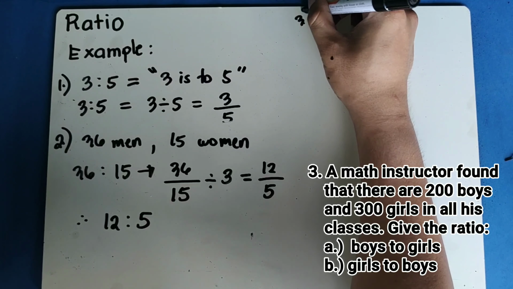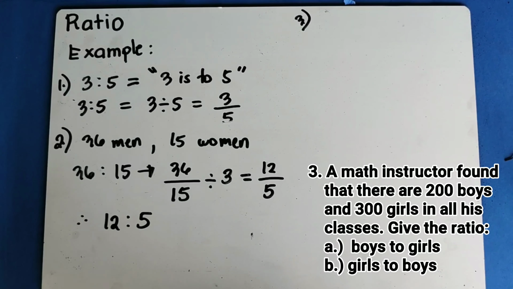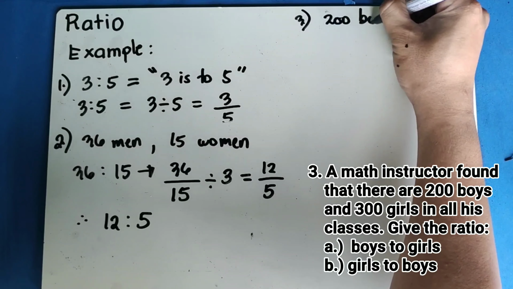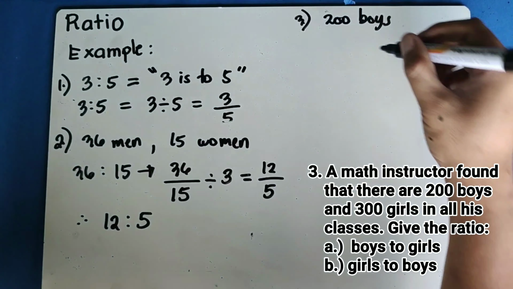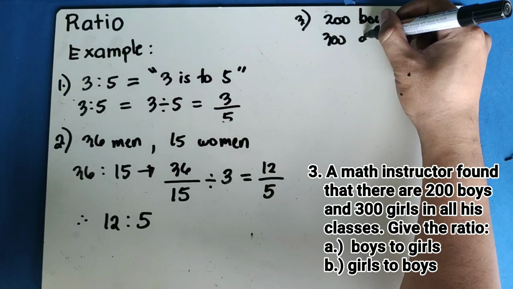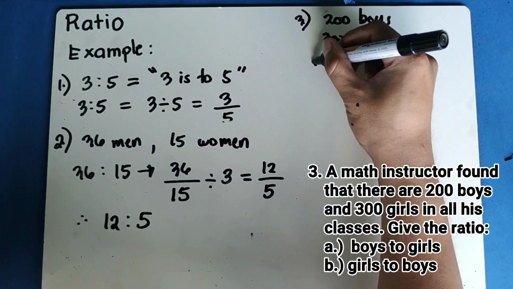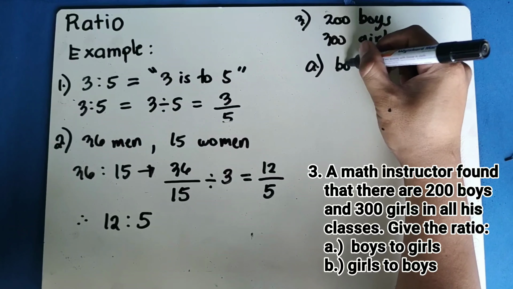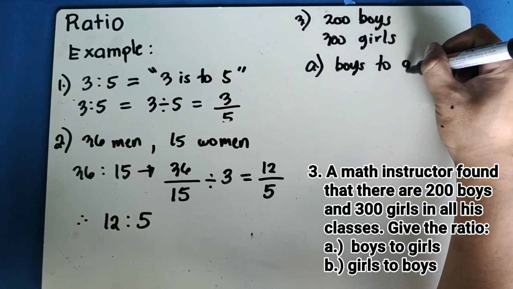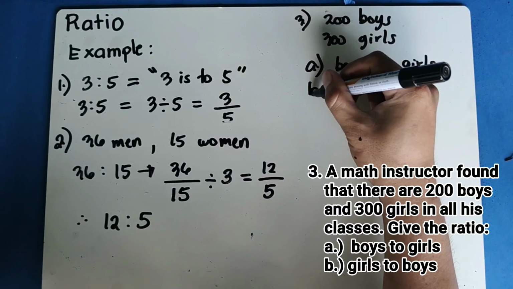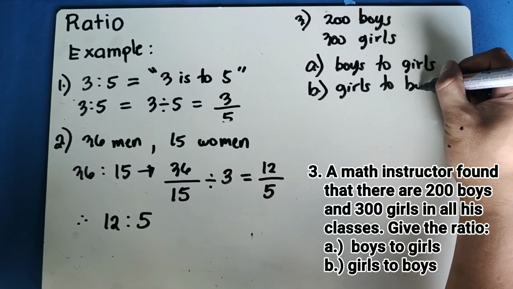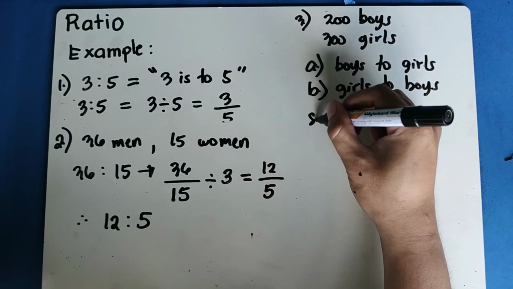Okay, so example number 3, again, a math instructor found that there are 200 boys and there are 300 girls. So first, we're going to find the ratio of boys to girls, and for letter B, find the ratio of girls to boys. Okay?